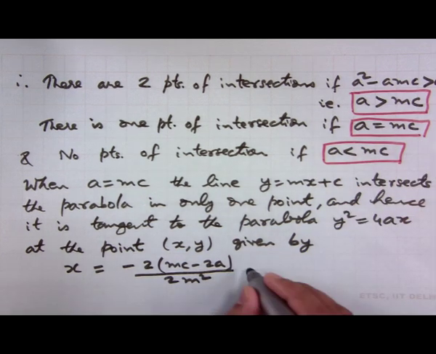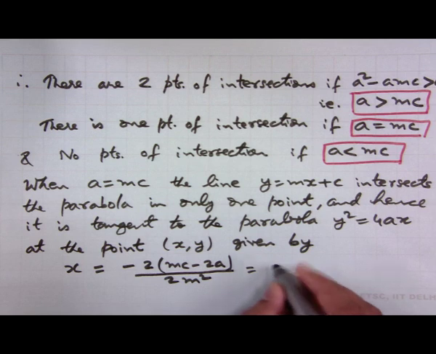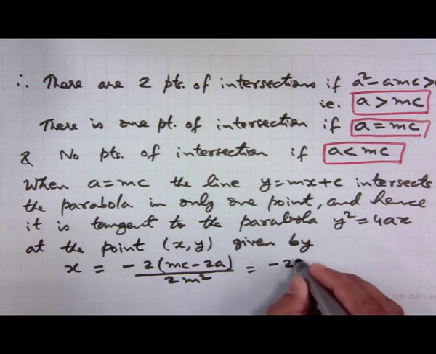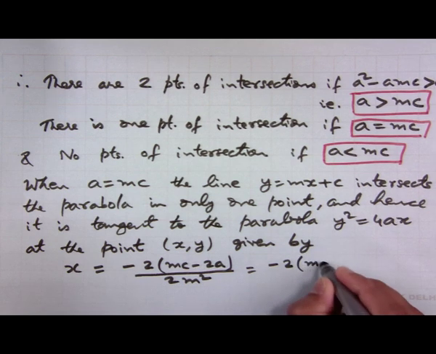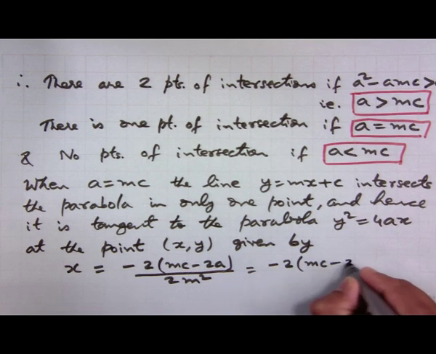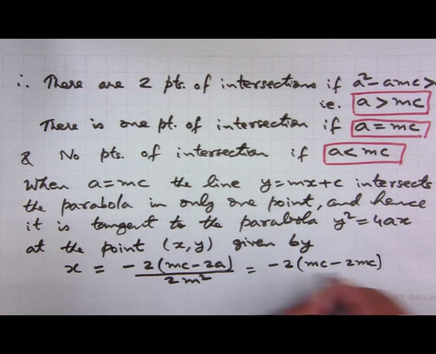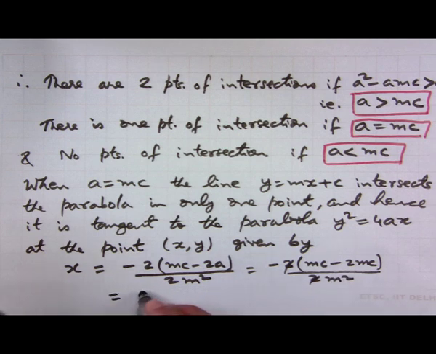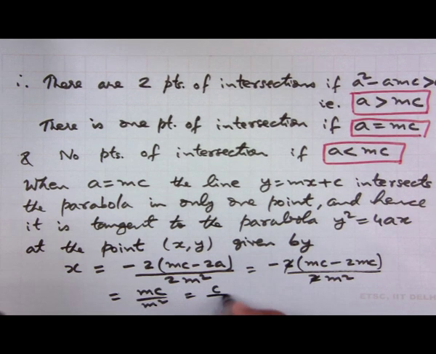So, we can write this as minus (2 m c minus 2 m c) divided by 2 m square. So, we get this is equal to m c divided by m square or c by m.